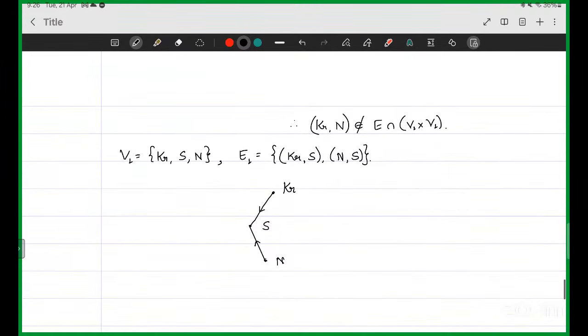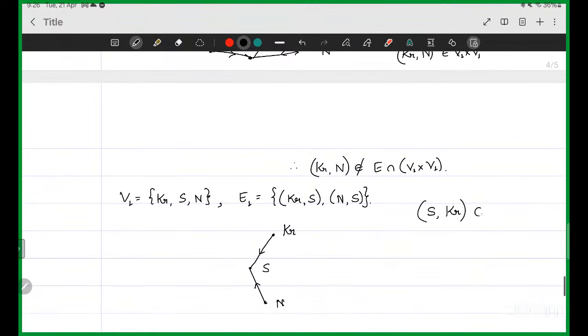So now you can answer the question? Consider here S has two incoming edges, right? Yes. So why did I draw the direction like this? Because I don't have SKR. Does SKR belong to E?